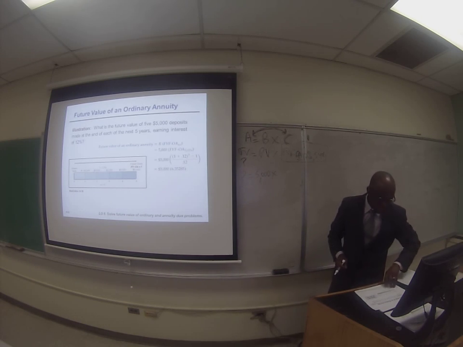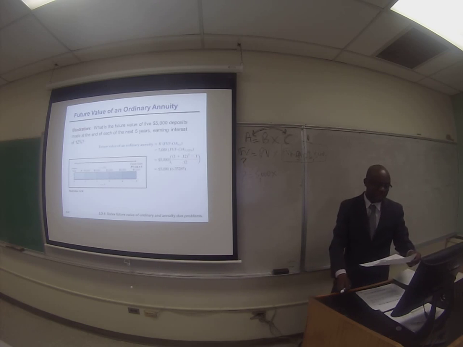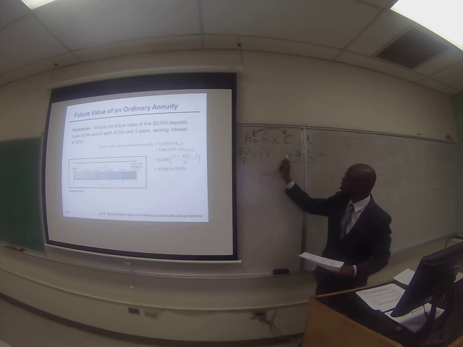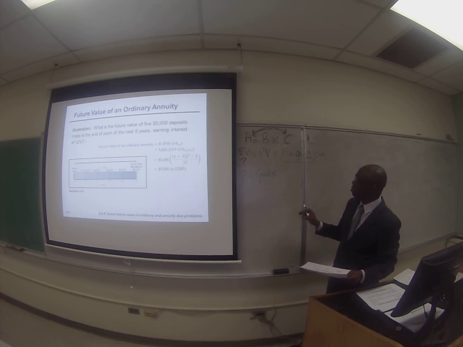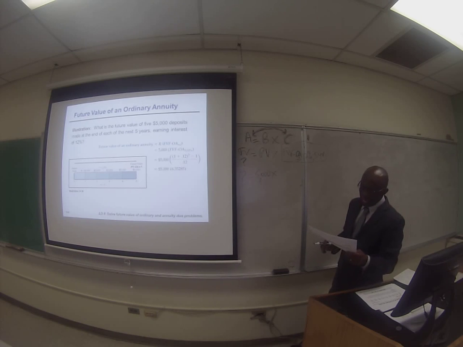So we have to use the future value of ordinary annuity table. So if you take a look at the table, we are going to look for 12%, 5 years, and look for the applicable factor.